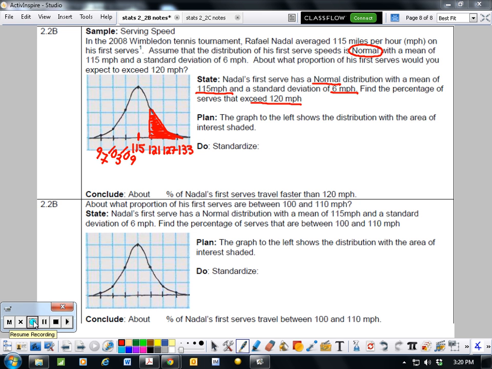To use my chart, I need to standardize my values. So I'm going to take my 120, subtract my mean of 115, and divide by that standard deviation of 6. So I got 5 over 6, which is 0.83. So that's my z-score.